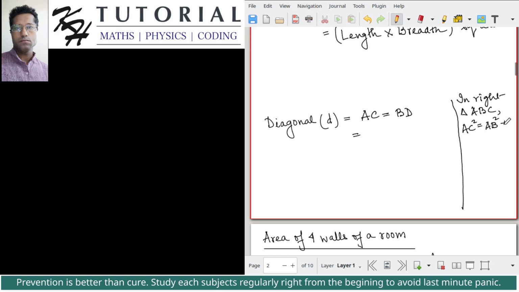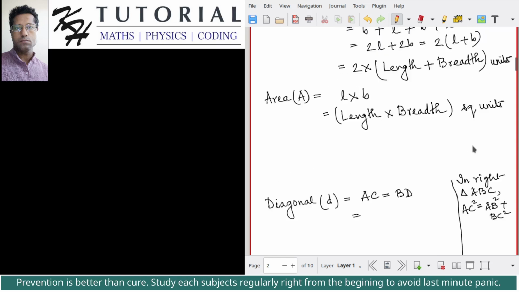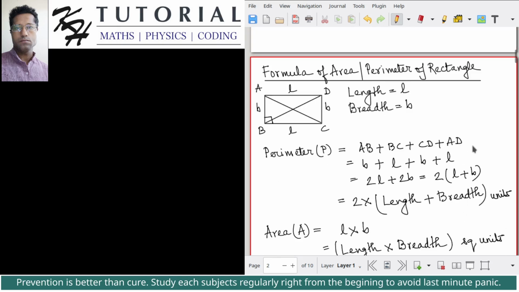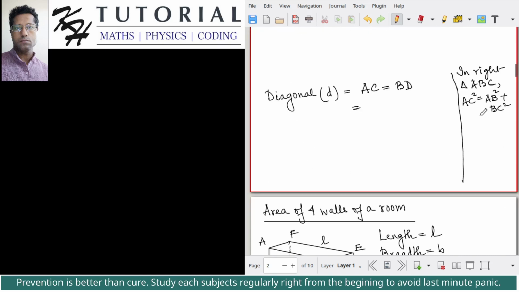So this will be AB square plus BC square. AC square is equal to AB square plus BC square, and AB is b and BC is l. So this is equal to small b square plus l square.